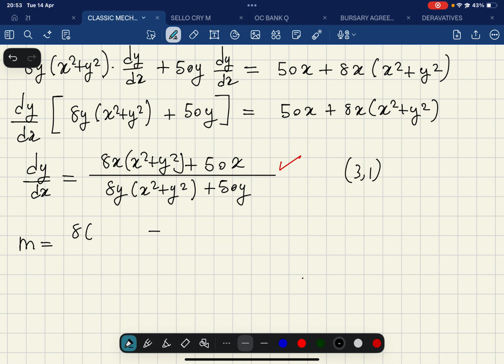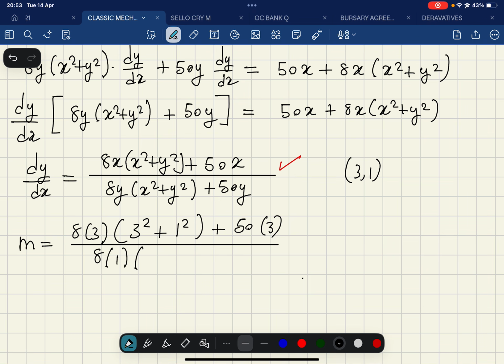So I'm going to have 8 times 3 into 3 squared plus the y, which is 1, 1 squared, plus 50 times the value of x, which is 3, divided by 8 into 1 times 1 squared plus 3 squared plus 50. The value of y is 1.